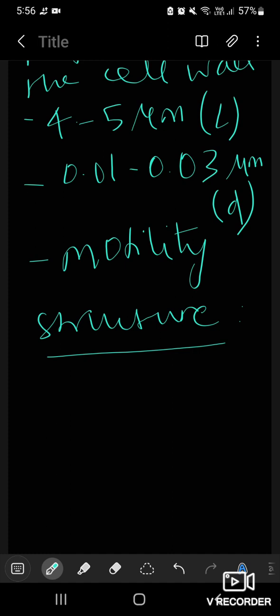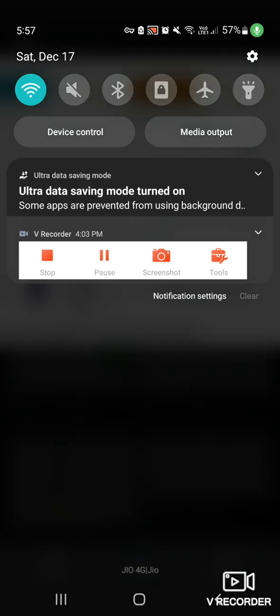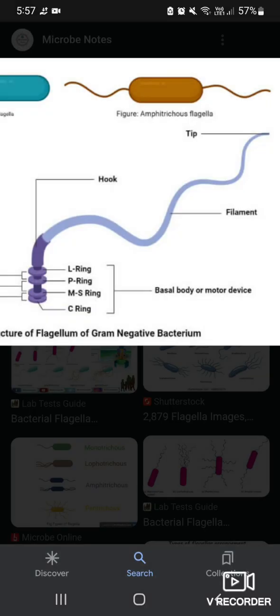So now talking about the structure of the flagella. There are 3 parts. So structure, there are 3 parts. There is a hook, filament, and a basal body. So structure of the flagella, yes.